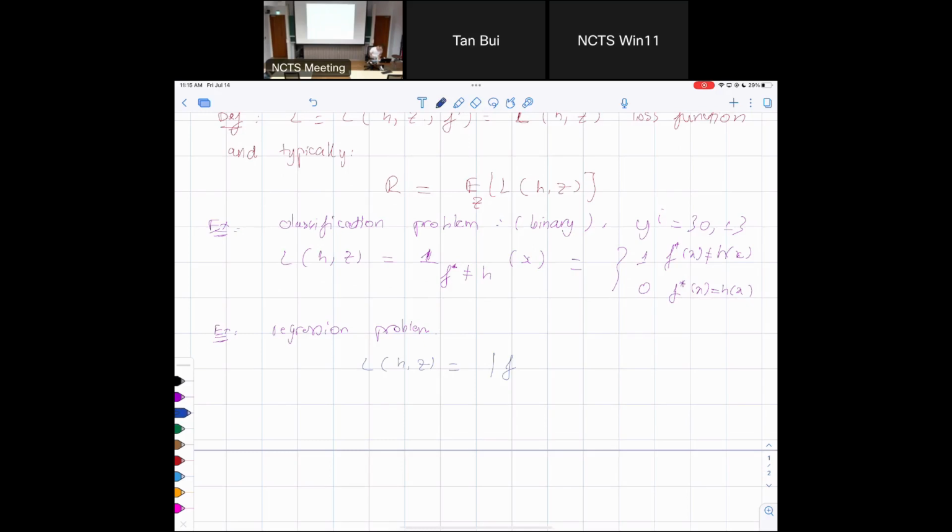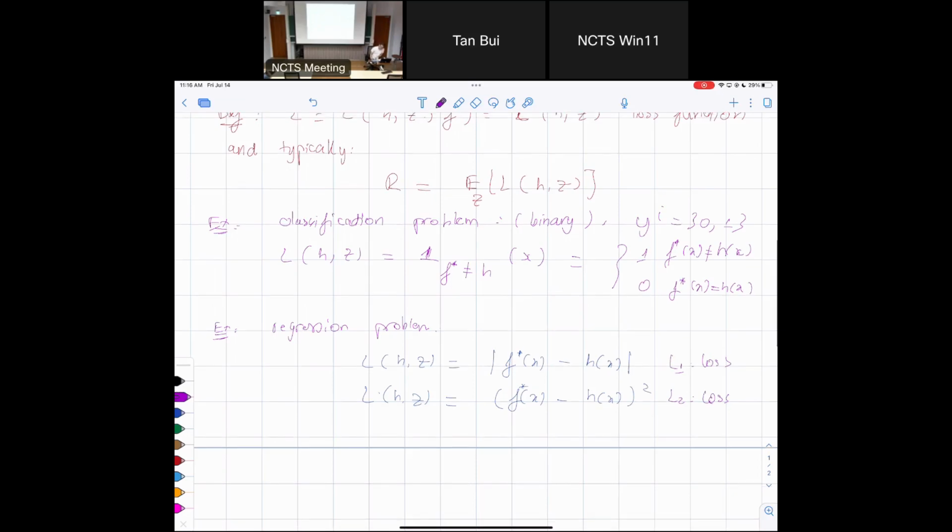This is the L1 loss. The L2 loss is equal to f star of x minus h of x, squared. This is the L2 loss. These are perhaps the two most popular loss functions.